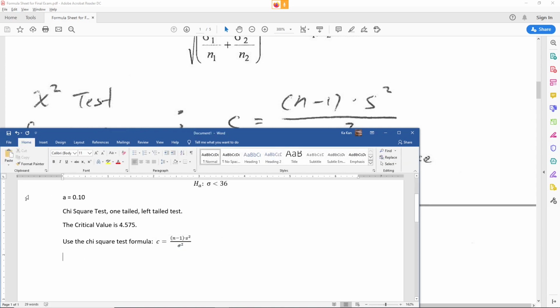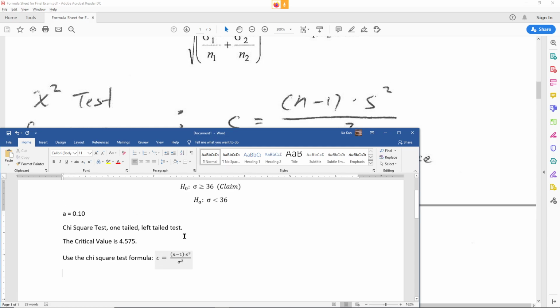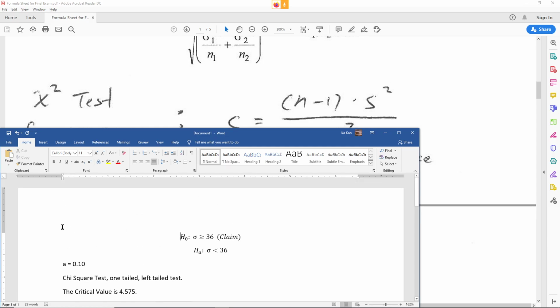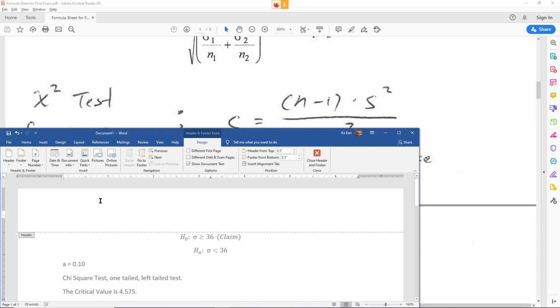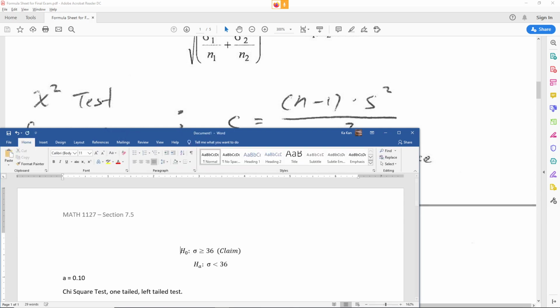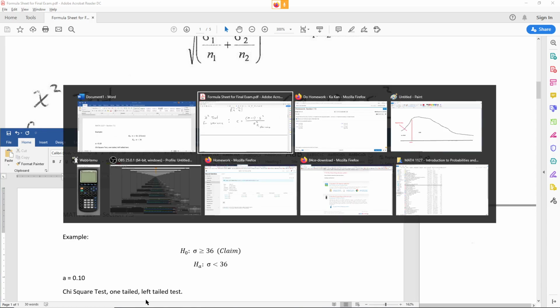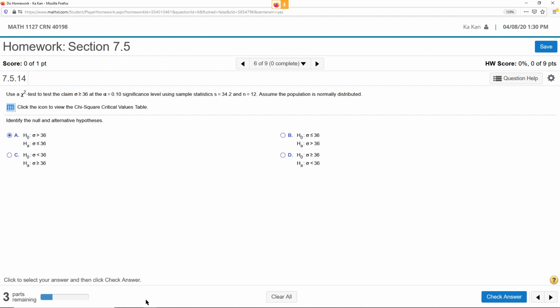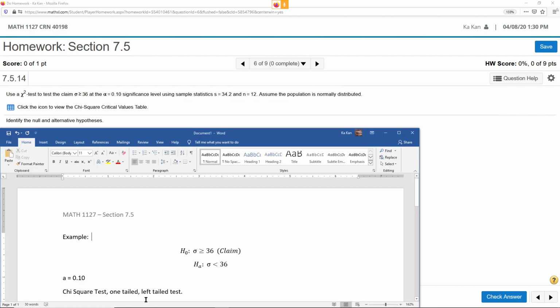Let me see, and I'm gonna upload this. So maybe I should say it right here. This is MAT 1127 session 7.5, and this is kind of like the first example. So this is example 7.5.14.